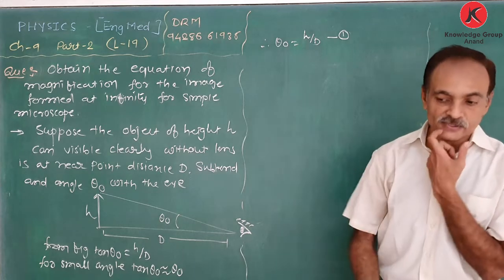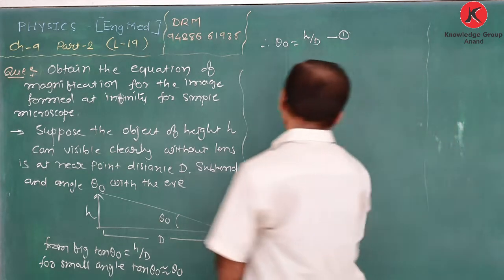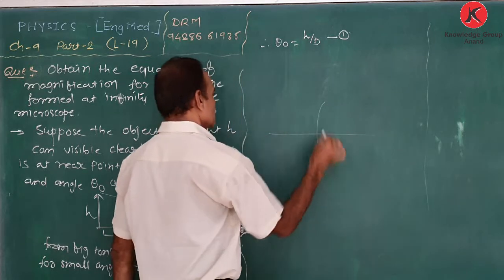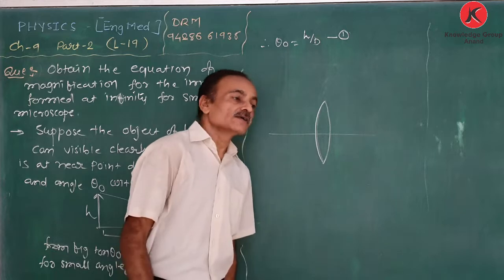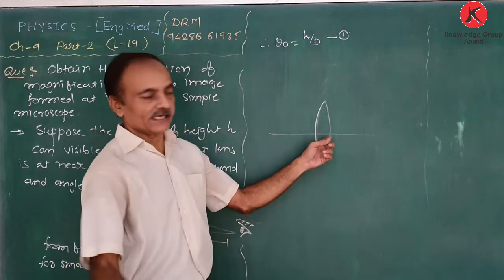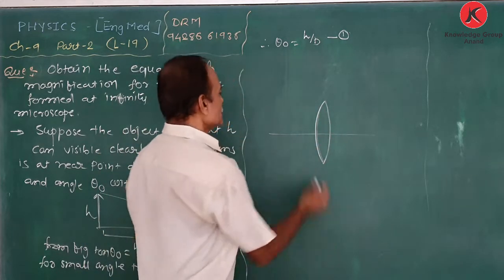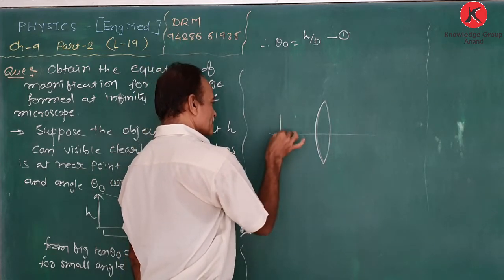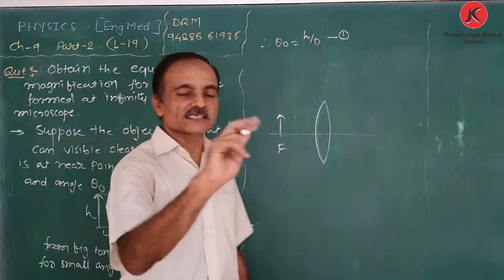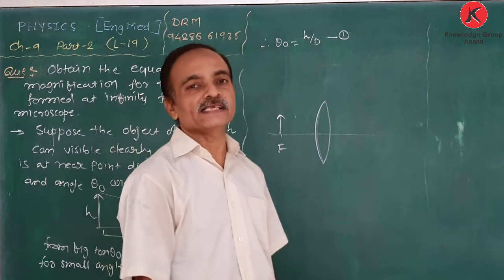In the last lecture we also discussed that the simple microscope is a magnifier lens or converging lens, that means the convex lens. There is the principal focus, and if the object is placed at principal focus, its image is formed at infinite distance.